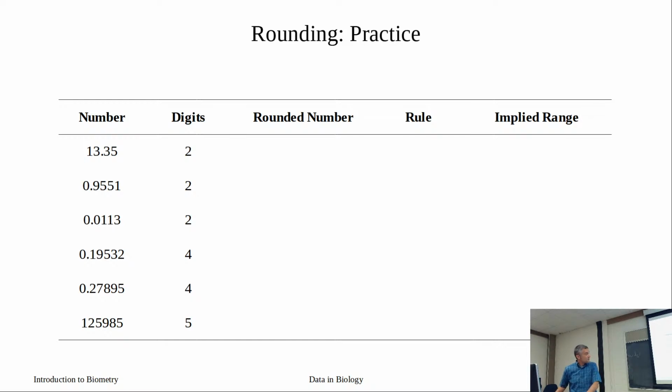All right, so let's go through this rounding practice. I think the quiz will include variable types and also this rounding, so it'll be doing it by hand. This is a digits column.